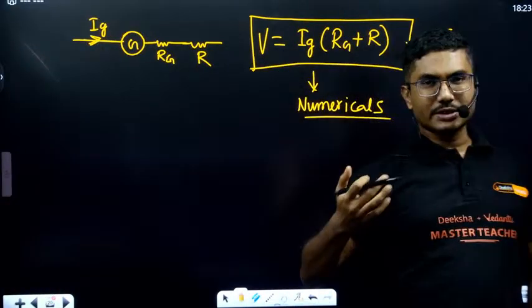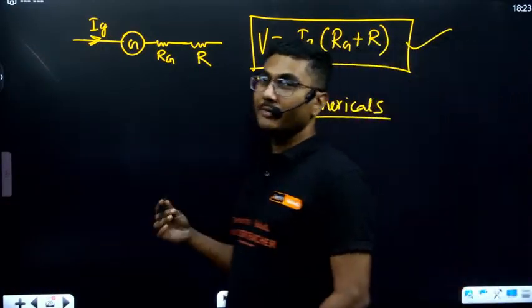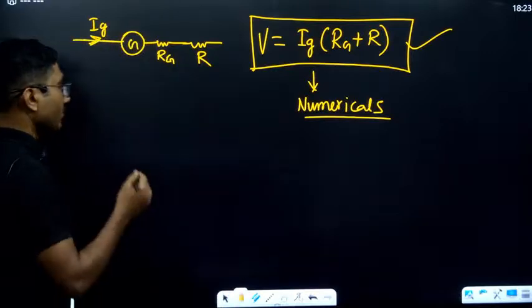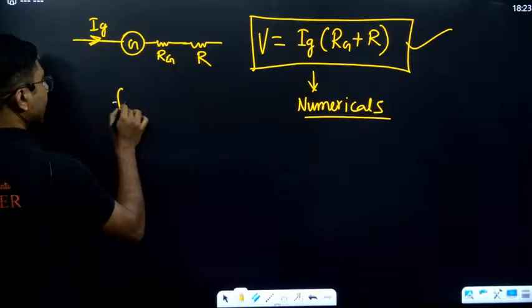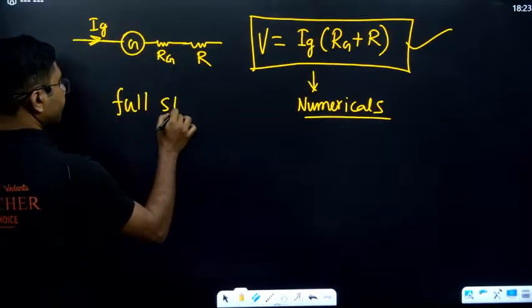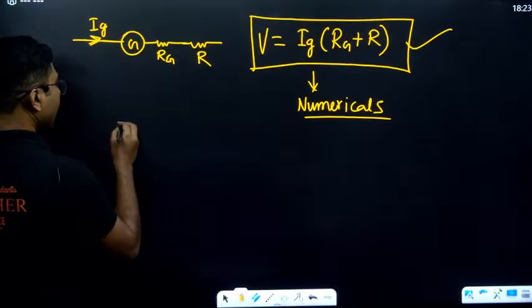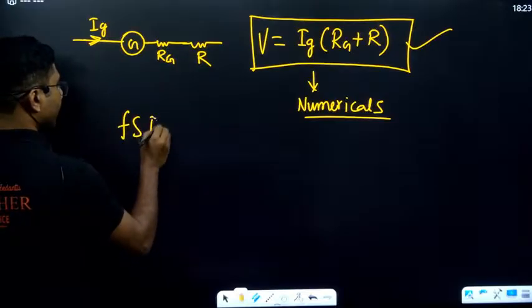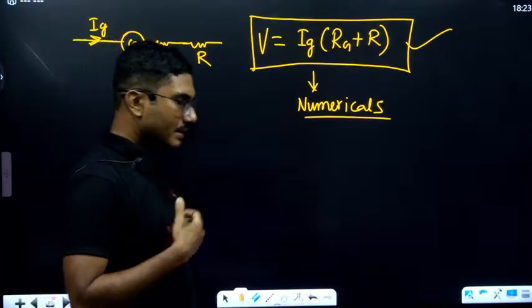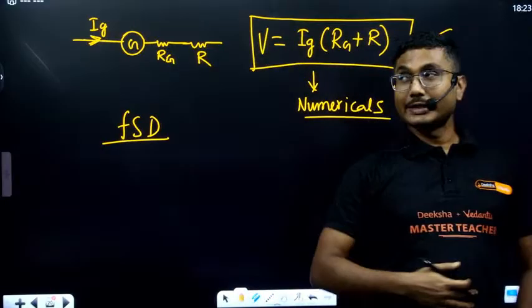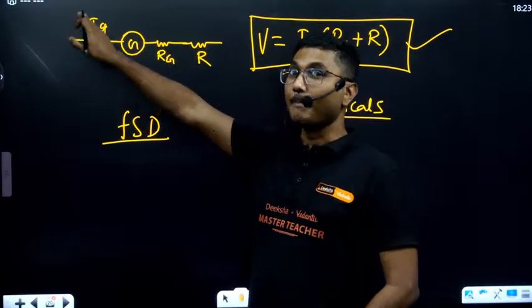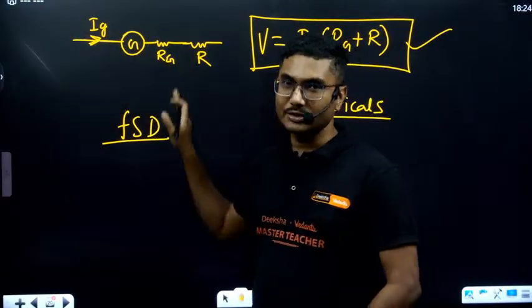Now there are a few concepts that you need to remember. Whenever we say the full scale deflection of a galvanometer, you will hear full scale deflection, FSD. So what does that mean? This Ig is the limit, the maximum current that is passing through the galvanometer.